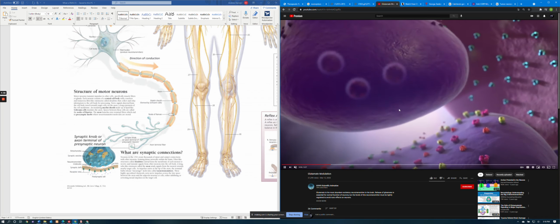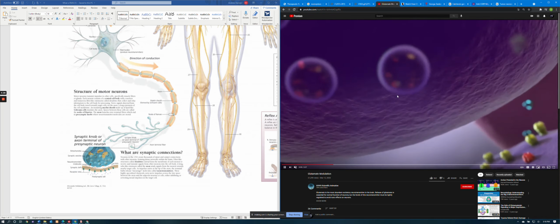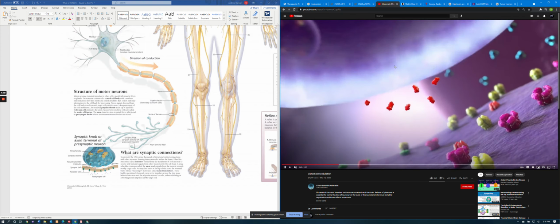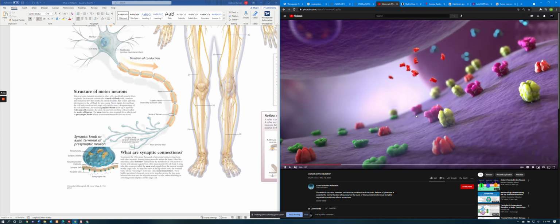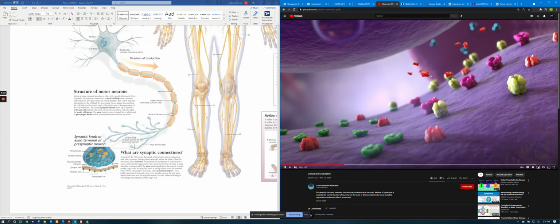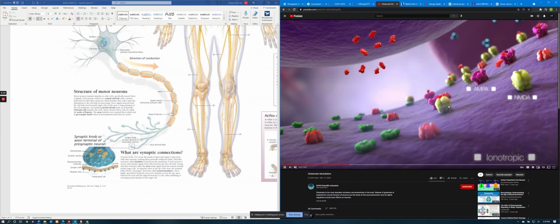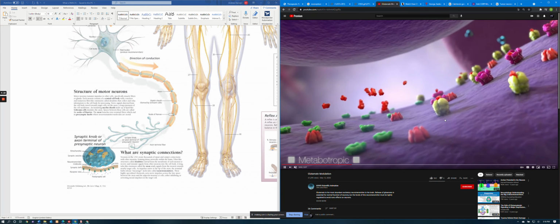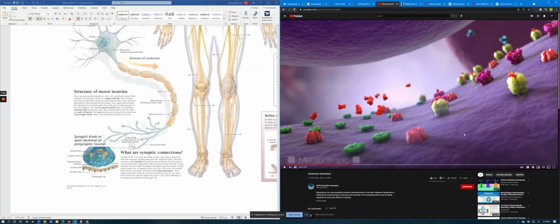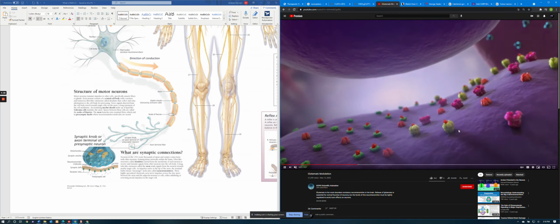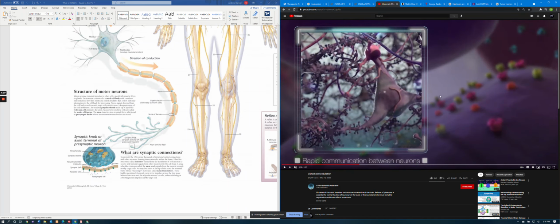So here you have, let's say this is the neuron coming from the body and going into the spinal cord. It's going to release these chemicals in order to communicate, and then those chemicals will attach to these receptors, activating this neuron, and then that neuron will send another signal to the next neuron.